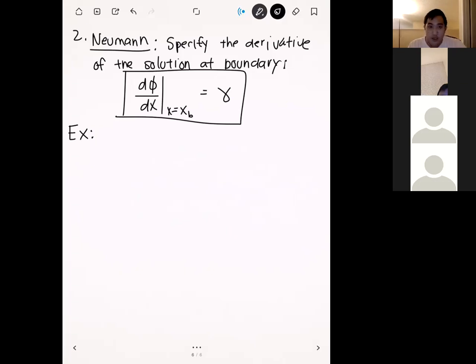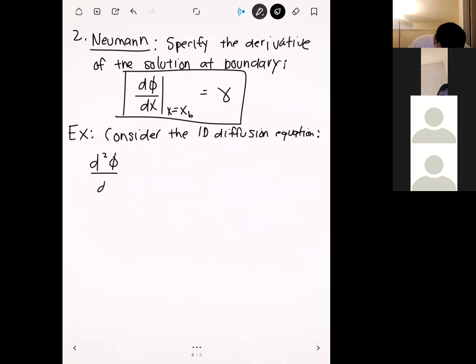Okay. And so in this example, let's consider the following 1D equation. Let's say that our equation is d squared phi dx squared is equal to 6x.